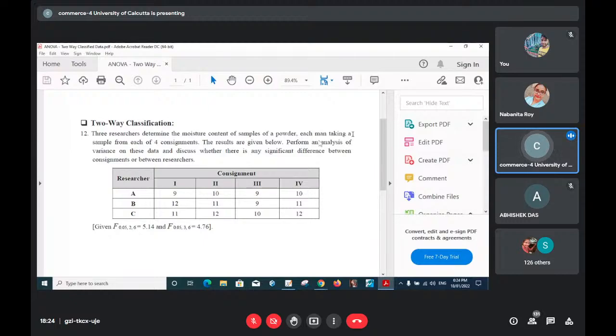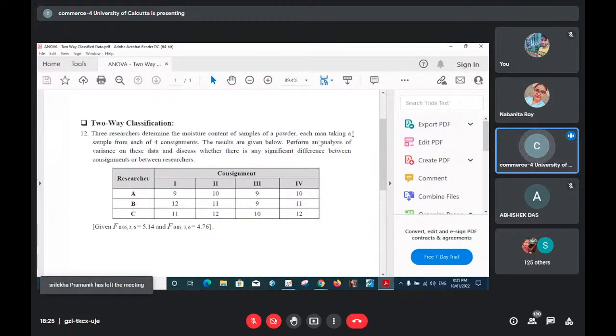There is research methods, a particular paper that is only available for Calcutta University. In that paper, you will again read many aspects which I have already covered. That is hypothesis testing, and obviously you will require ANOVA.